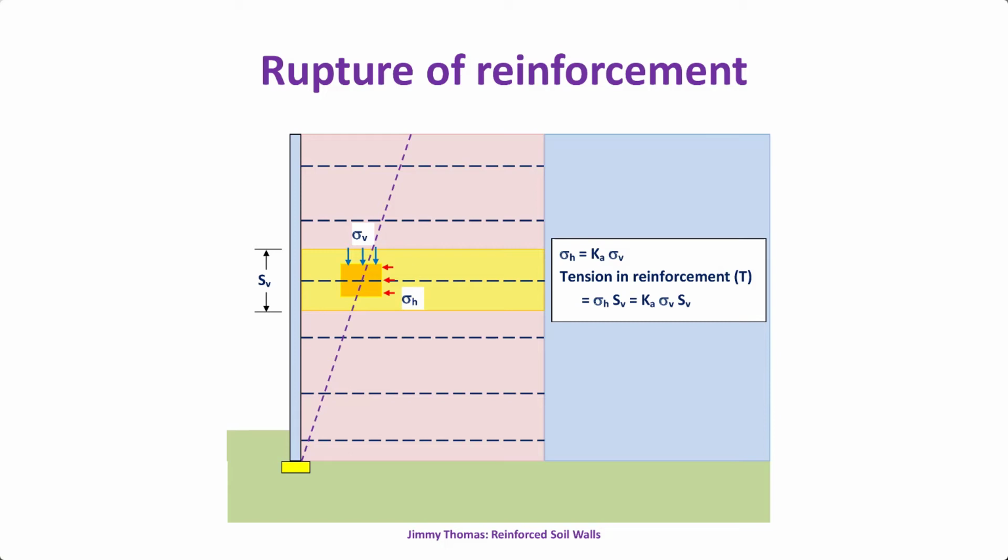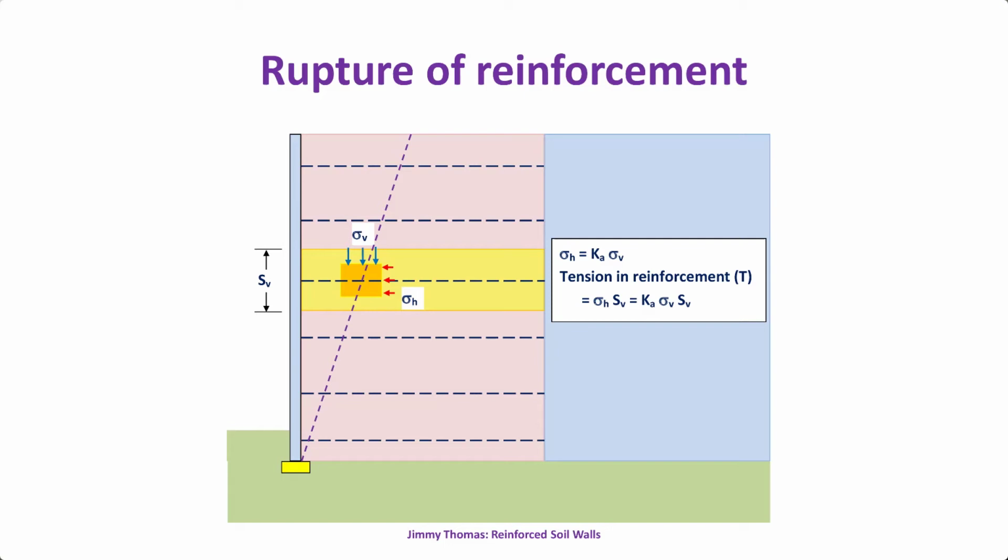It's a very simple formula. At any depth, we calculate the vertical stress. Now, what is the horizontal stress? Coefficient of earth pressure. Like now we are in the tie-back wedge method, so the earth pressure coefficient is Ka, active earth pressure. So Ka into sigma V will give me the horizontal stress at this level.